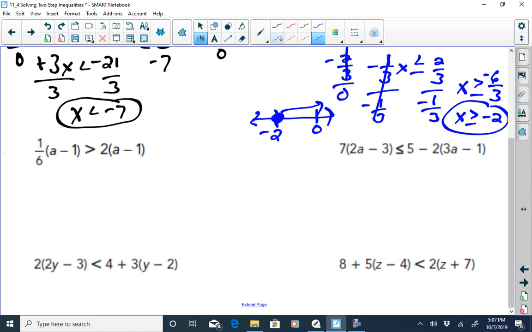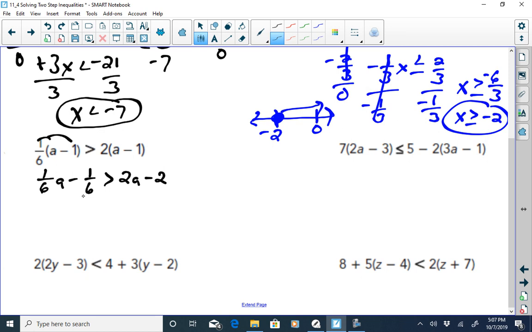All right. A few more. Let's try some of the other ones. Distribute. 1/6 times a is 1/6 a minus 1/6 times 1 is 1/6 greater than 2 times a is 2a. 2 times 1 is 2. Here we have variables on both sides of the inequality.